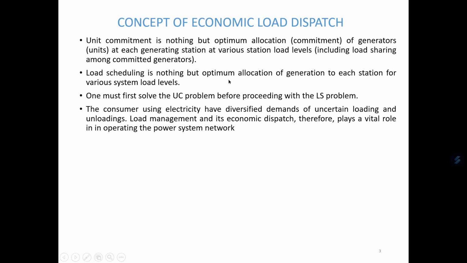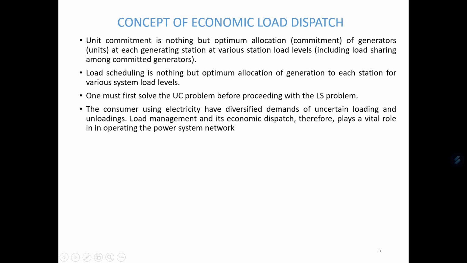Load scheduling is the optimum allocation of generation to each station for various system load levels. While finding the solution of economical load dispatch, we first need to solve the unit commitment problem before proceeding with the load scheduling problem.